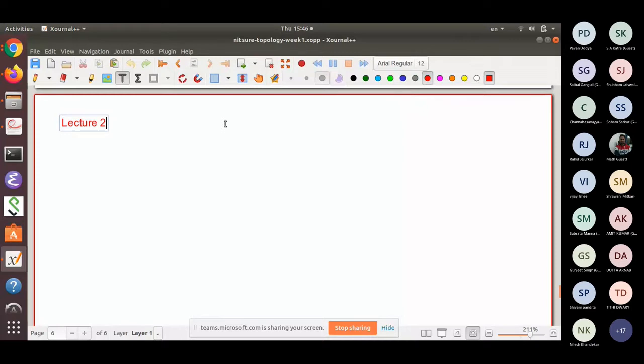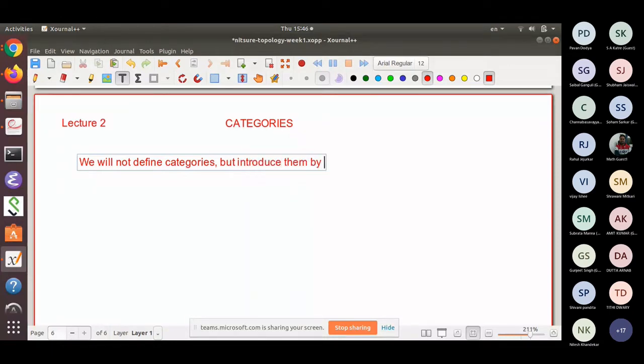Okay, the kind of things I want to discuss in lecture 2 are categories. So we won't define categories. Okay, I think I need to change the color of this.